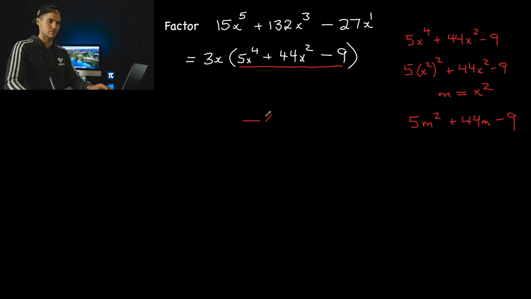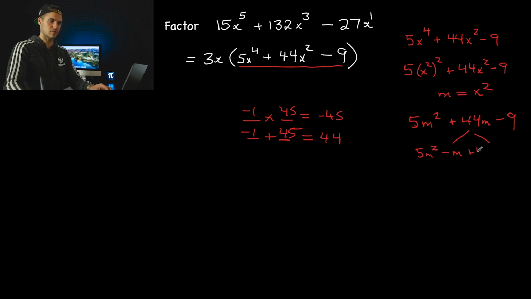So what we have to do is figure out what two numbers multiply to negative 45 and add up to 44. There it is, right? So that would be negative 1 and 45. Negative 1 and 45, that works. So we could decompose that middle term: 5m squared minus m plus 45m minus 9.